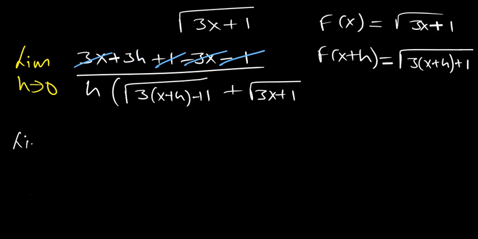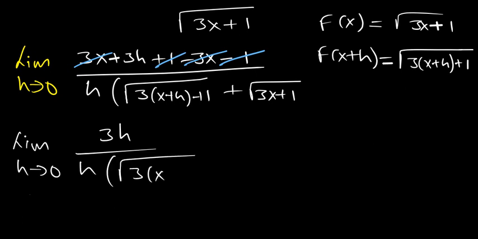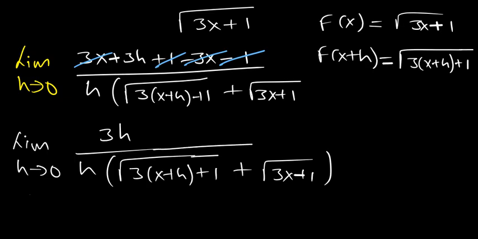The limit as h approaches 0 of 3h over h times the root of 3 open bracket x plus h plus 1, plus the root of 3x plus 1. So this and that can divide, and then you remain with the limit as h approaches 0.